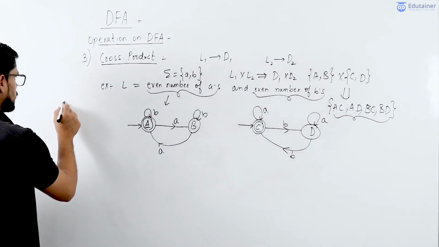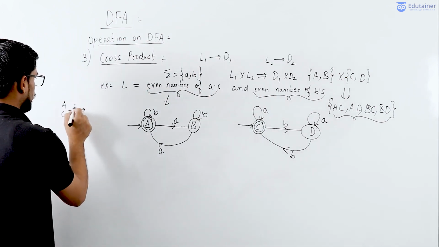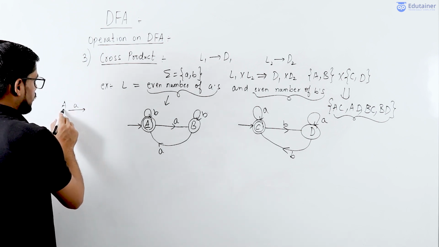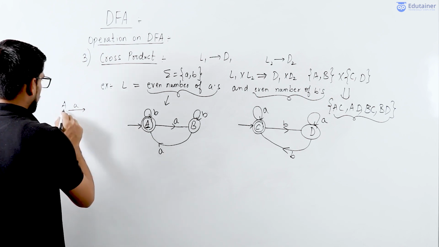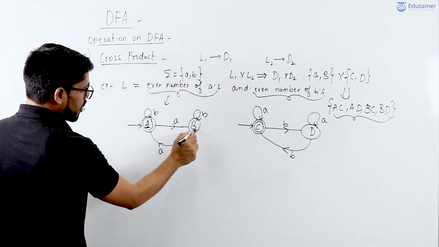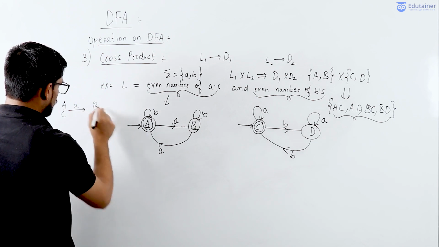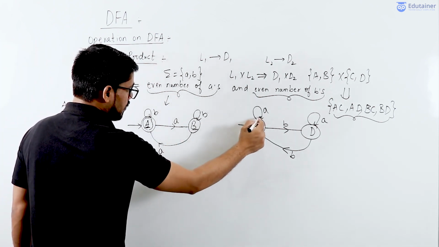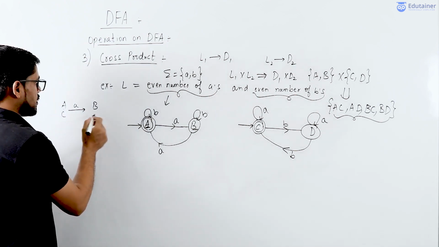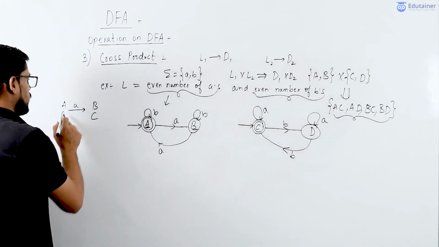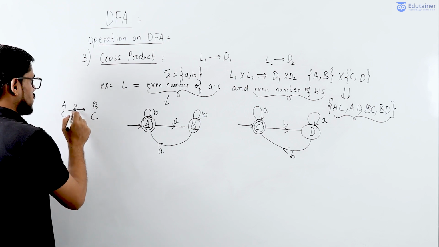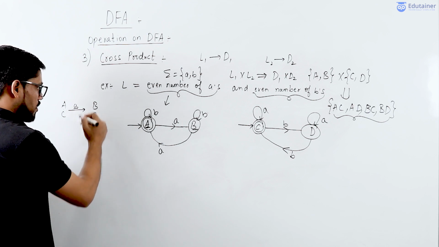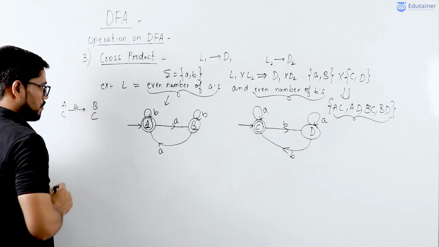So considering the first state AC, if you see a small a, capital A on seeing small a goes to the state capital B. And on capital C, if you see a, you will remain in the C state itself. So AC on seeing small a will go to the BC state. Similarly, you can draw all the paths.